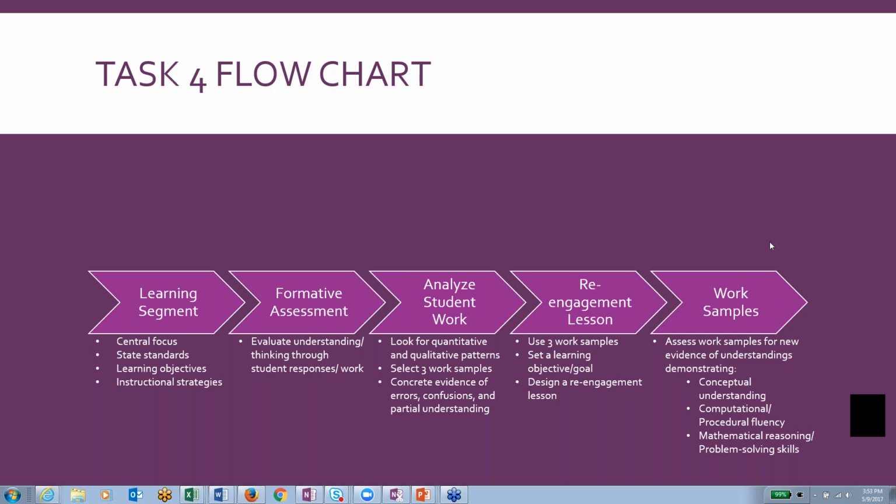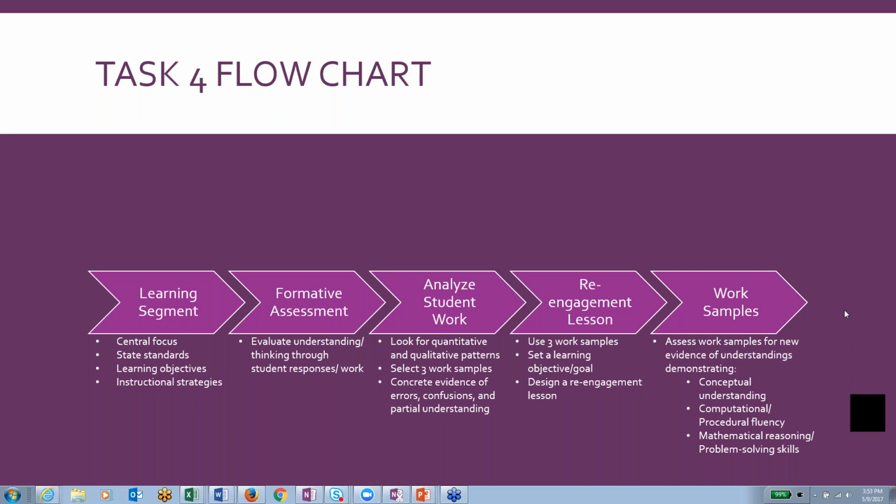Remember, you're showing that you know your students, and you're planning instruction based on your students. Just like in tasks 1 through 3, there's a big push to teach to your students. You have to consider their personal, cultural, and community assets. You have to consider their background knowledge.